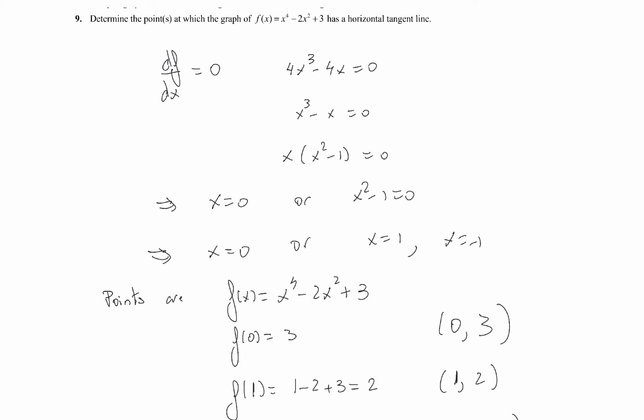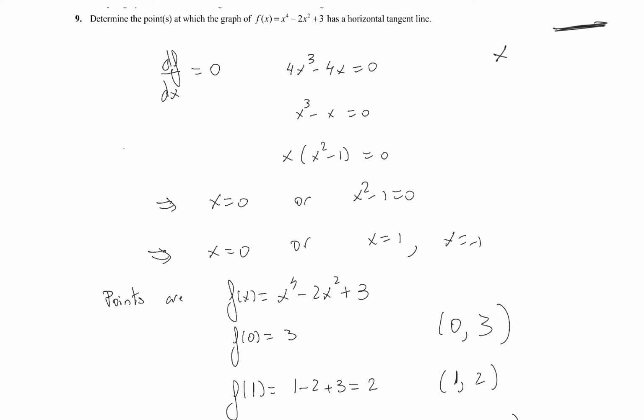Okay, next one. This problem is interesting. It says find at which points of the graph of this function the slope is 0. Of course, you can go to GeoGebra, graph this function and see for which x the slope is horizontal.